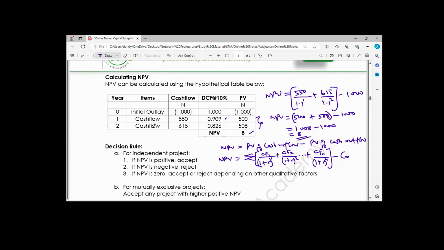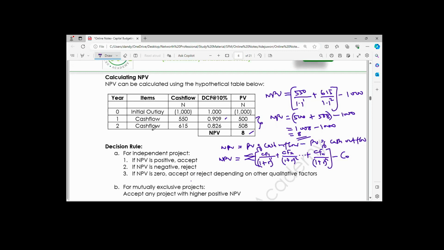If NPV is negative, then you reject the project. Provided the NPV is positive, it means the project is financially viable. What if the NPV is equal to 0? If the NPV is equal to 0, then the company has the option to either accept or reject the project based on other qualitative factors.